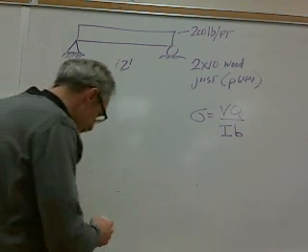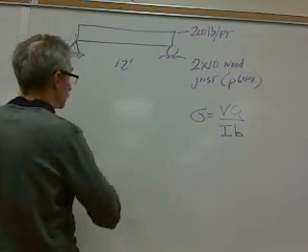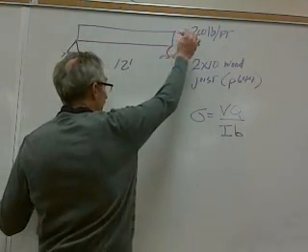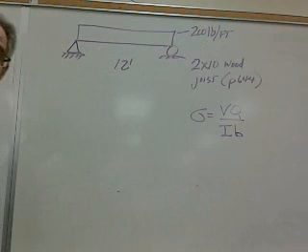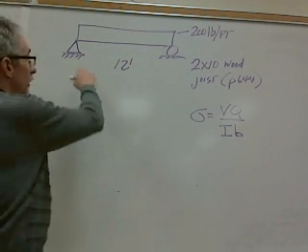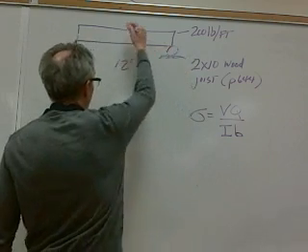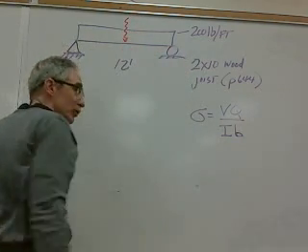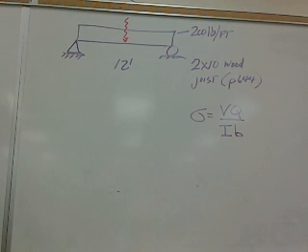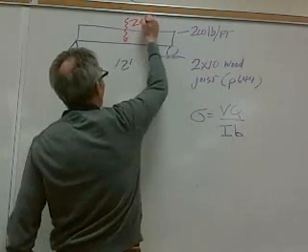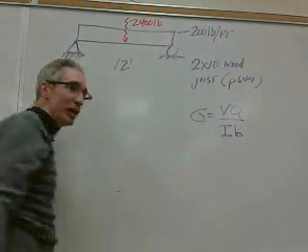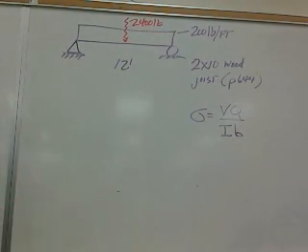The first thing we need to do for a shear diagram is break or resolve this 200 pound per foot uniform load that stretches over 12 feet into a single resultant. How much should that resultant be? 2,400 pounds. And it acts right in the middle of the uniform load.